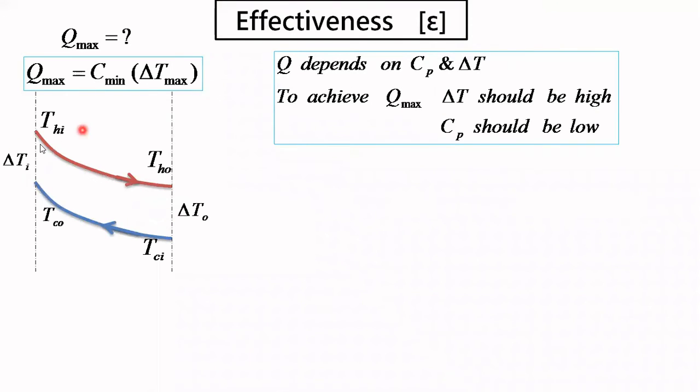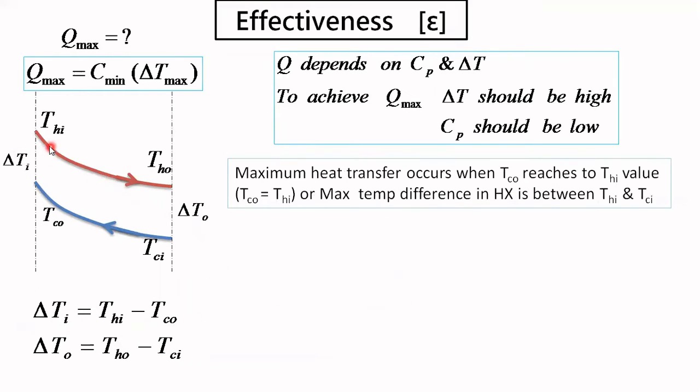So in case of a counter flow heat exchanger, these are the delta T and delta To. Here you can see the maximum heat transfer occurs when this Tco, that is the cold fluid outlet temperature, becomes equal to Thi, that is the hot fluid's inlet temperature, because we are heating the cold fluid. So at the exit of the heat exchanger, this Tco should be equal to Thi.